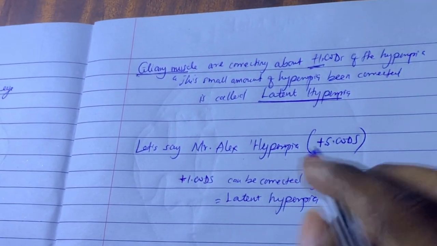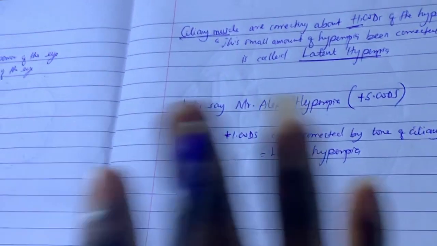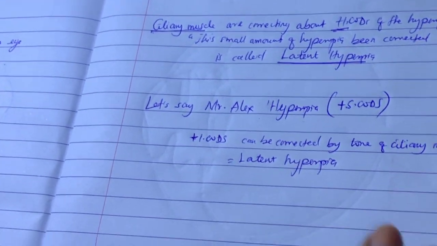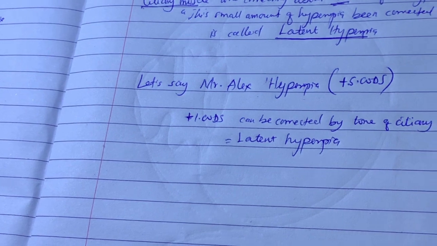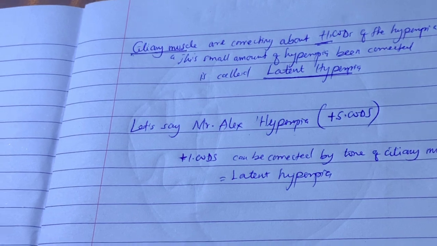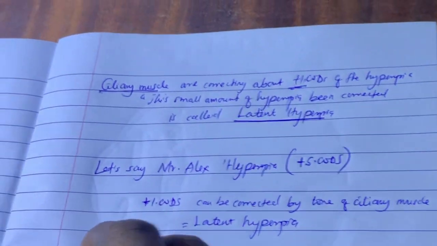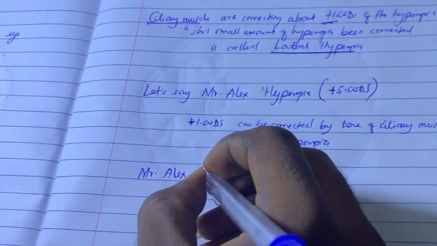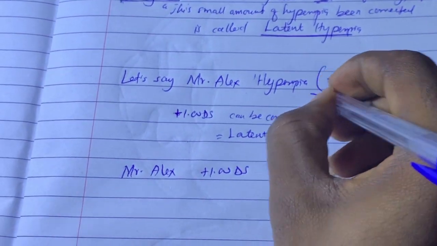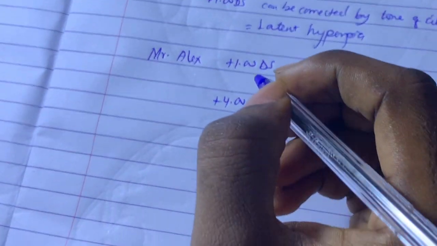So Mr. Alex has +5 DS hyperopia. The ciliary muscle corrects a minimum of +1, and that is the latent hyperopia. So for Mr. Alex, the ciliary muscle has corrected +1 DS of the total hyperopia, leaving +4.